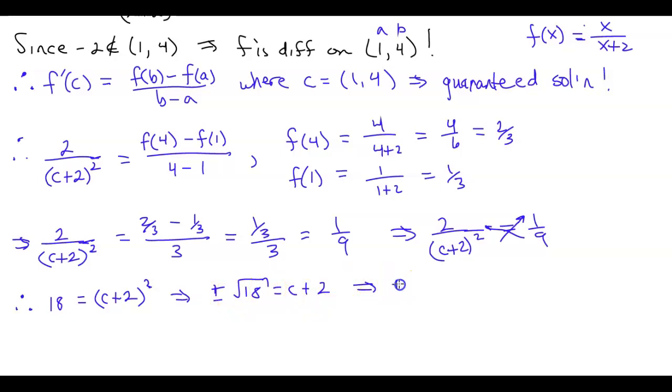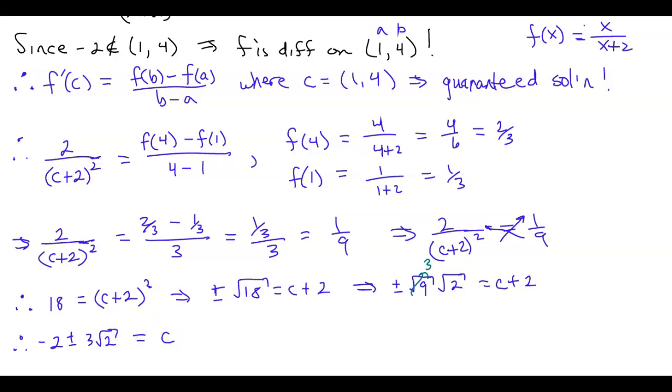We can rewrite the square root of 18 as the square root of 9 times the square root of 2, and the square root of 9 is just 3. If we subtract 2 from both sides, we have negative 2 plus or minus 3 times the square root of 2 equal to c.